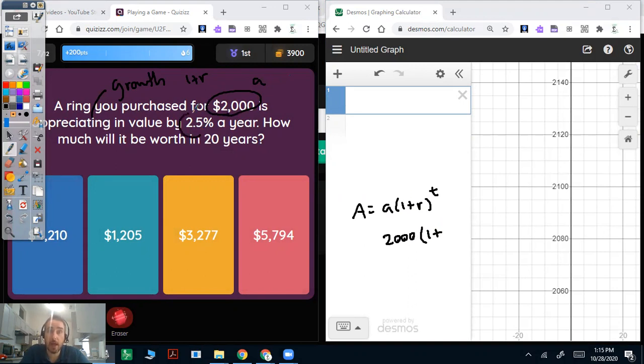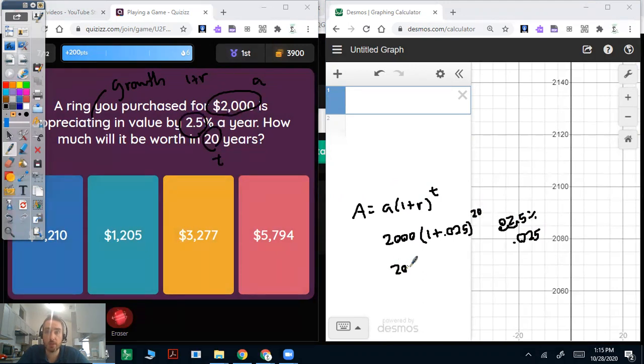Remember, your rate as a decimal, 2.5%, is 0.025. We have to move that over 2 spaces. And we want to know what it's going to be after 20 years. That's t, so raise it to the 20th power.